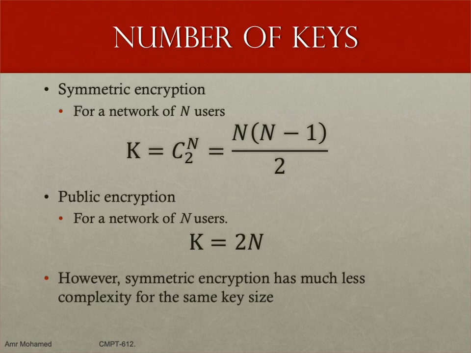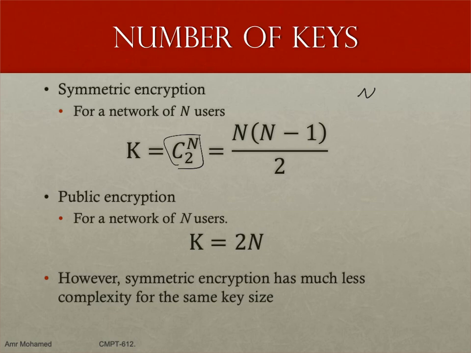If your network has n different nodes, each node needs to communicate with all the other n-1 nodes. It needs a separate key for each, and you need to make sure that you're not repeating these keys. So it's a selection process. You select one key for each two communicating parties. So it's nC2.